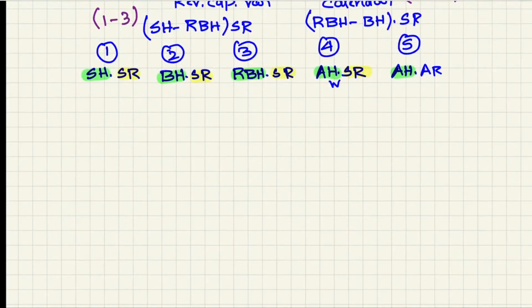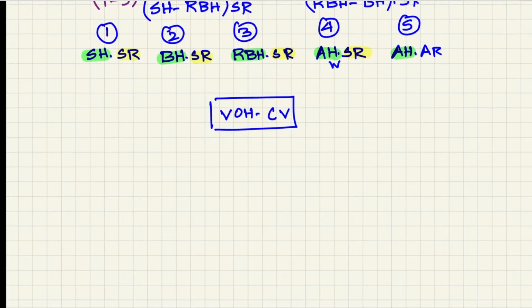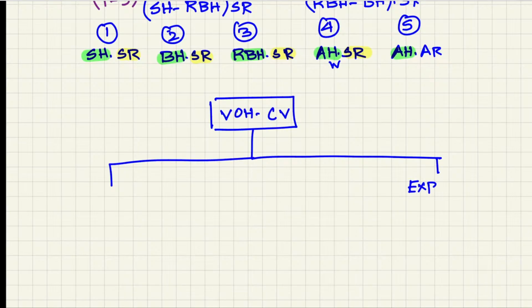So for variable overhead, on top you have variable overhead cost variance. Then you have 2. On the right hand side, you have expenditure variance, and on the right, you have efficiency variance. Correct?